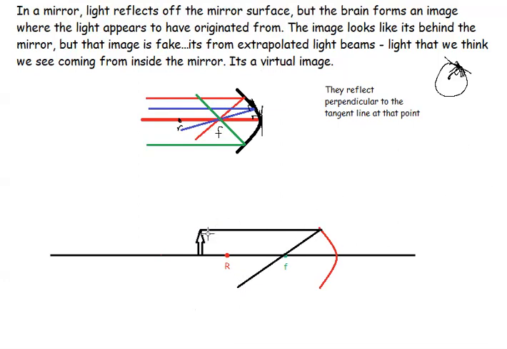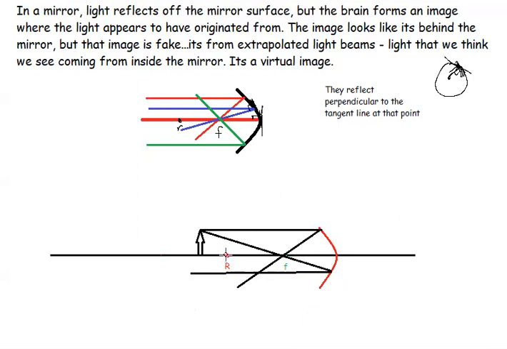And then our second one would be to go in reverse. If it goes from the object through the focal point, then at the mirror, it will reflect back horizontally, because all we're doing is going in reverse. Oh boy, I hope this works out. And then the last one is that we're going to go through the radius.